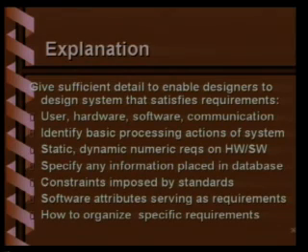Software attributes serving as requirements, and how to organize specific requirements. So in a nutshell, all this information has to go, and in addition some supporting information also has to go into the software requirement specification. That's why it is one of the most important activities in any software development process.